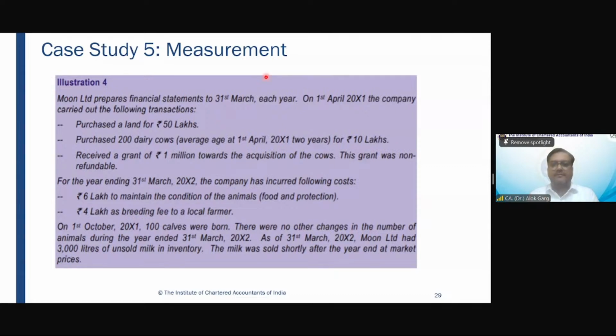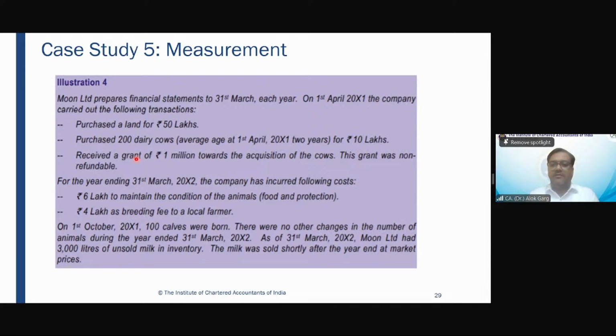Then received a grant of rupees 10 lakh towards the acquisition of cows. The grant was non-refundable, so it is an unconditional grant. If it is non-refundable, what is the accounting entry?